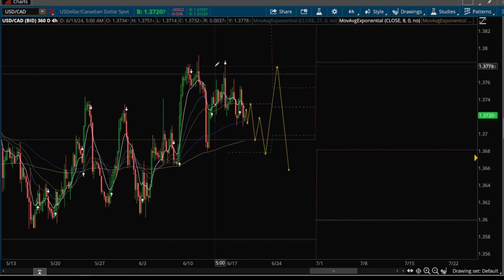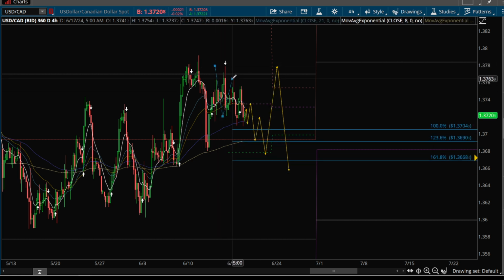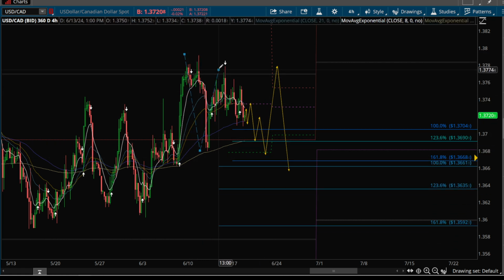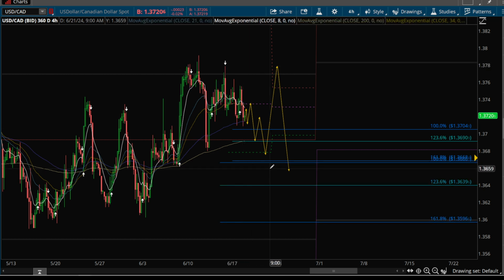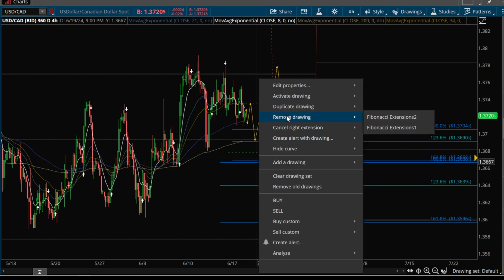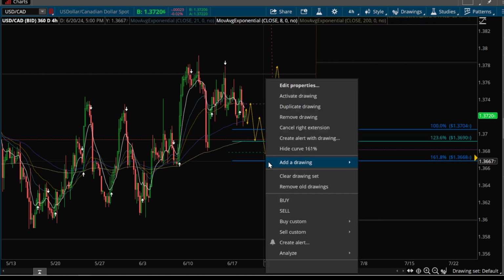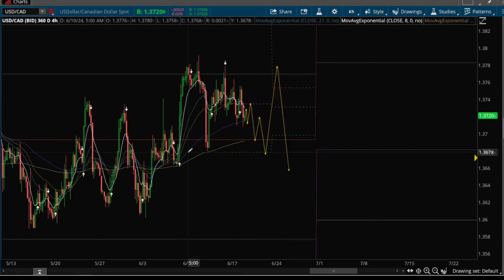If we measure this wave to here, your 1618 comes into play down here, and then if you measure your A wave to the top of that, it lines up with your 100, and then you got that weekly order block. So are we doing that, or this thing could still go and break the top?